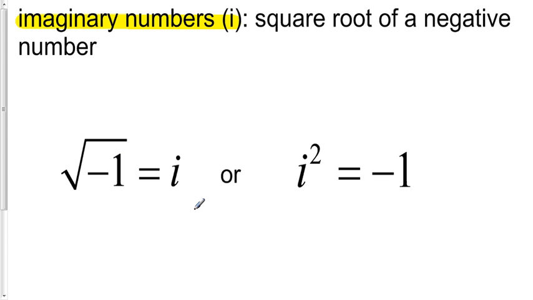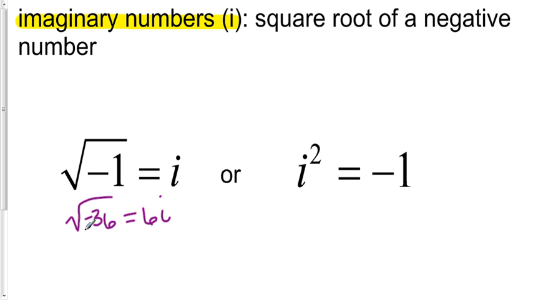Now imaginary numbers. We usually use the letter i for imaginary numbers, and this happens when you take the square root of a negative number. So i, just by itself, is defined as the square root of -1. Or if I write another example, the square root of -36, you would put 6i.